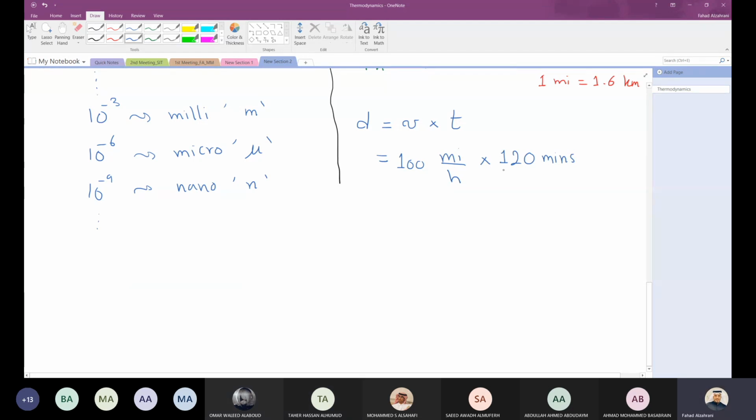Is this correct? No. We multiply just miles per hour times minutes, and this will give you a new unit. It's not the right one. So what do you need? You need to convert this into hours or minutes. You need to cancel the time anyway, so either you keep it in hours or you change it to minutes. It's up to you. So let's change it into minutes.